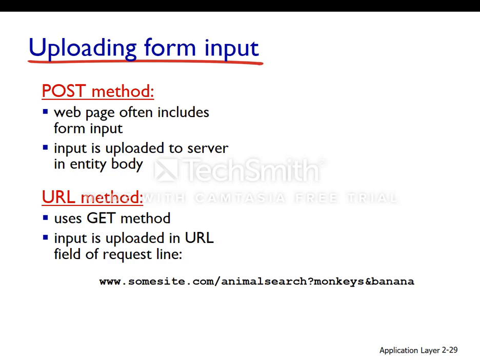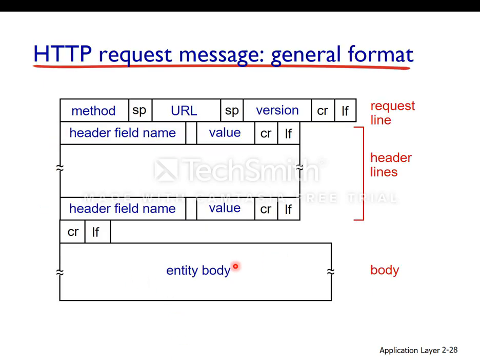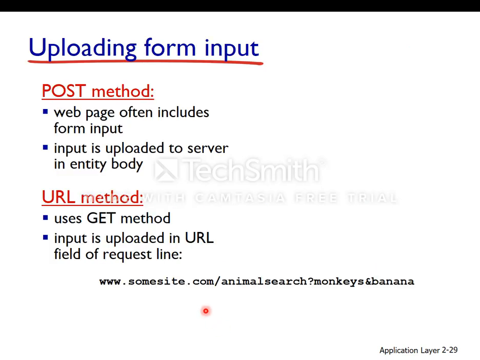With the post method, the web page would often include form input, and the input is uploaded to the server in the entity body of the form. The URL method uses the HTTP GET method, and in this case, the input is uploaded in the URL of the request line. So for example, some of you may have seen a URL like this, www.someSite.com/animalsearch?monkeys&banana.